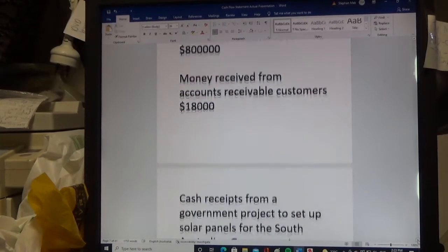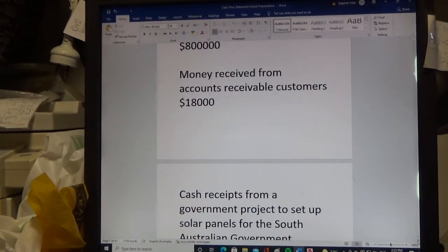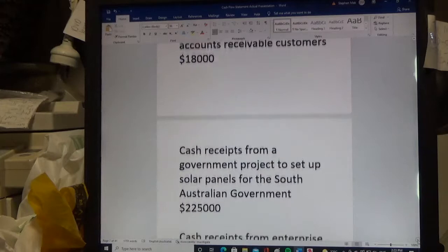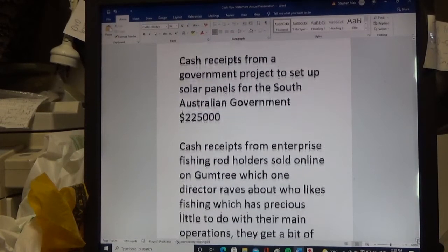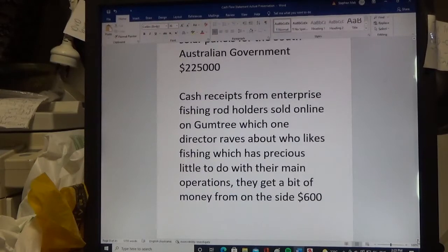Money received when customers settle their accounts receivable account and finally pay their short-term loan, $18,000. Cash receipts from a government project to set up solar panels in South Australia, just as an example, that figure. Cash receipts from a supplementary type enterprise.